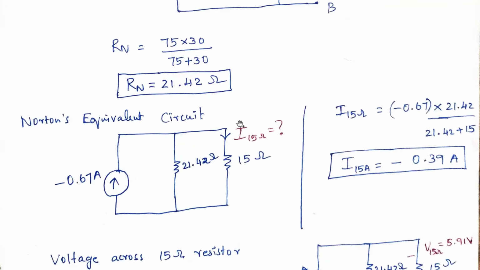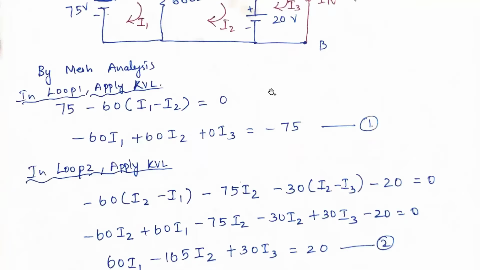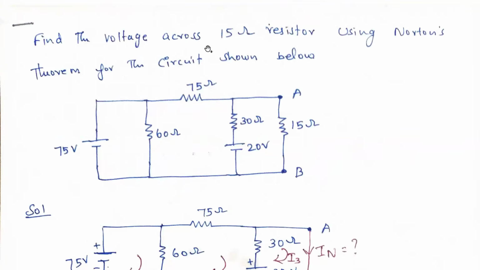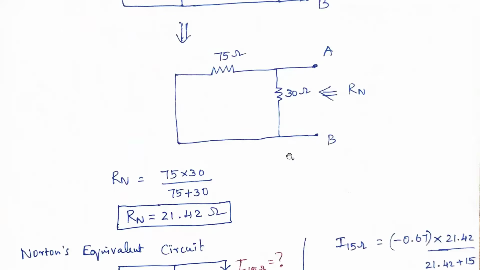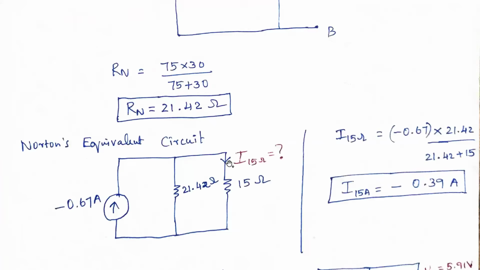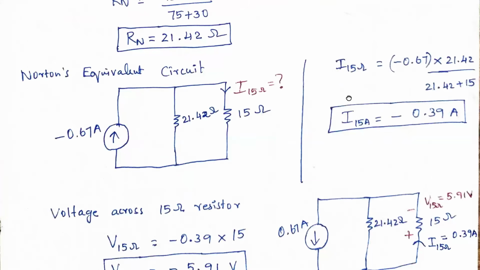Now what is asked in the problem is the voltage across the 15 ohms. First we need to find the current through the 15 ohms. After that you can easily find the voltage across the 15 ohms. So, current division rule.